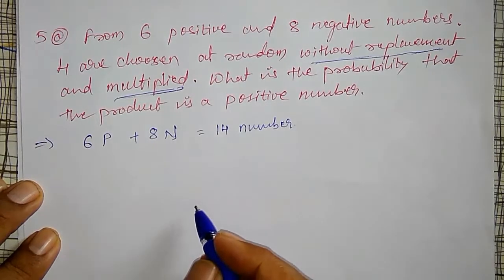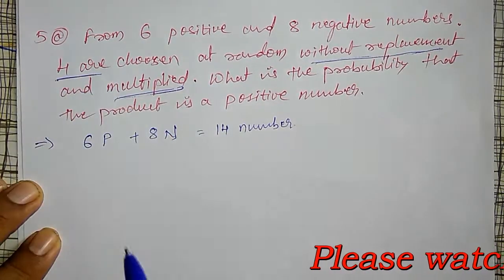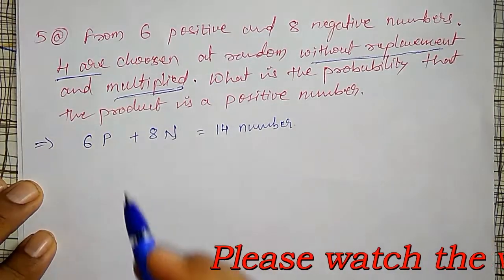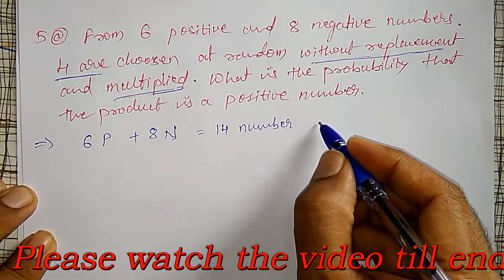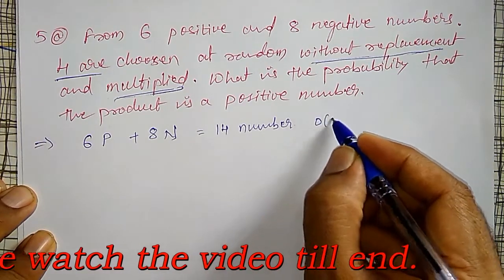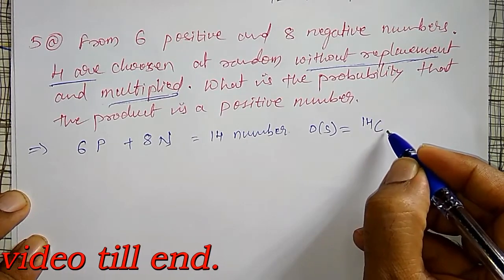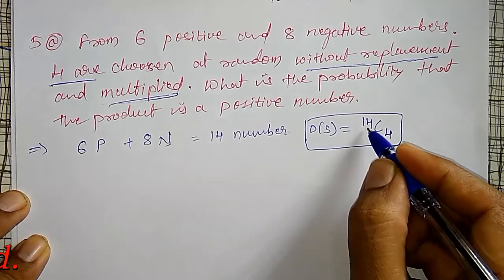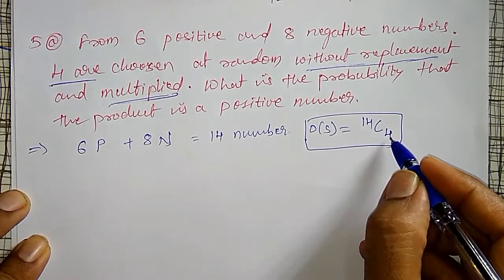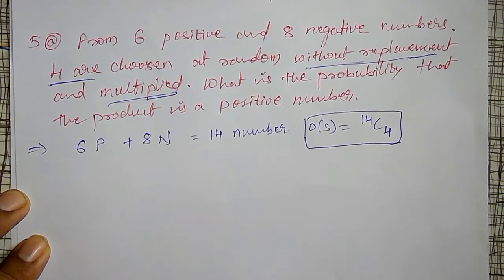Out of 14, 4 I have to choose or select and multiply them. Therefore, order of sample space is 14C4. Out of 14 numbers, only 4 numbers I have to select. That will become the total possibilities of them.